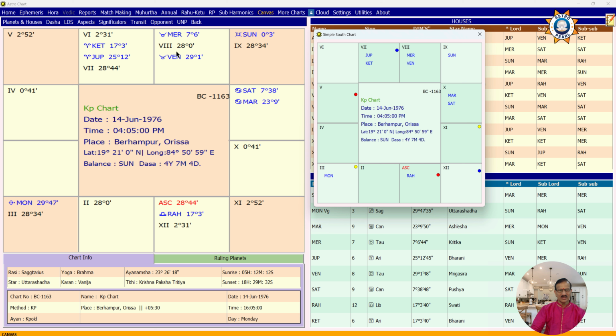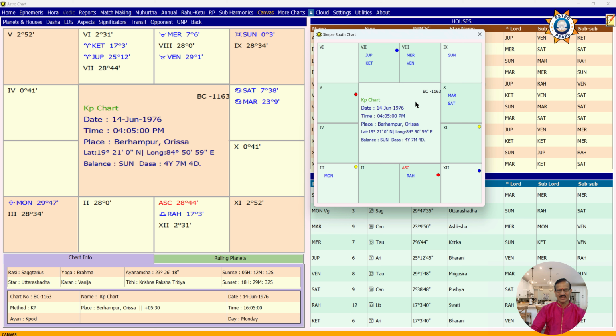Alright, so in the 8th house, Venus has moved back to the 8th house here. In the simple chart it is still in the 8th house, but in Bhavchalita we have seen that it has moved into the 7th house. Okay, the difference. But Mercury, however, continues to be in the 7th house here as well. Here Mercury is in the 8th house.